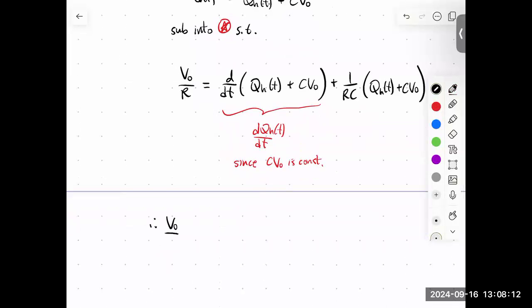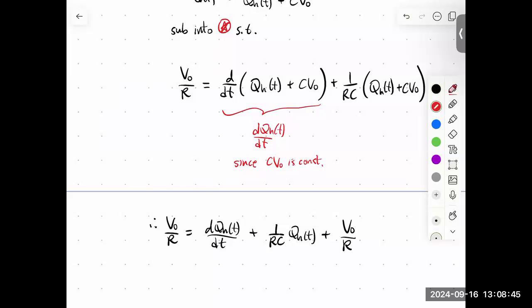We have V naught over R is dQH dt plus, I'm going to separate this into two parts. So we have a 1 over RC QH of t plus, well, we have a C divided by C, so those will cancel, and we'll get a V naught over R left over.